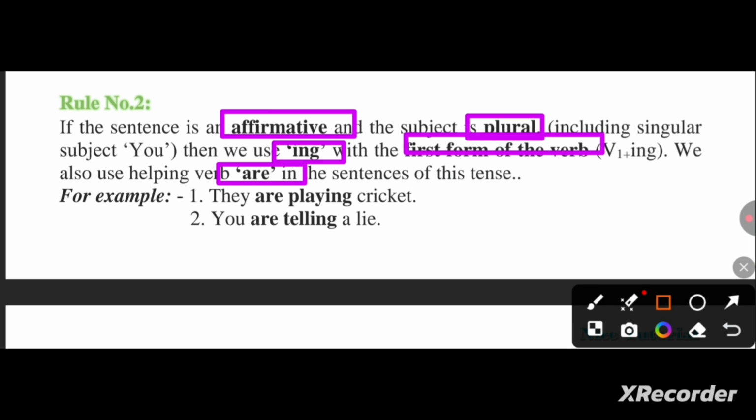For example, they are playing cricket. You are telling a lie. Here we have used ing with the first form of the verb and the helping verb are has been used over here.